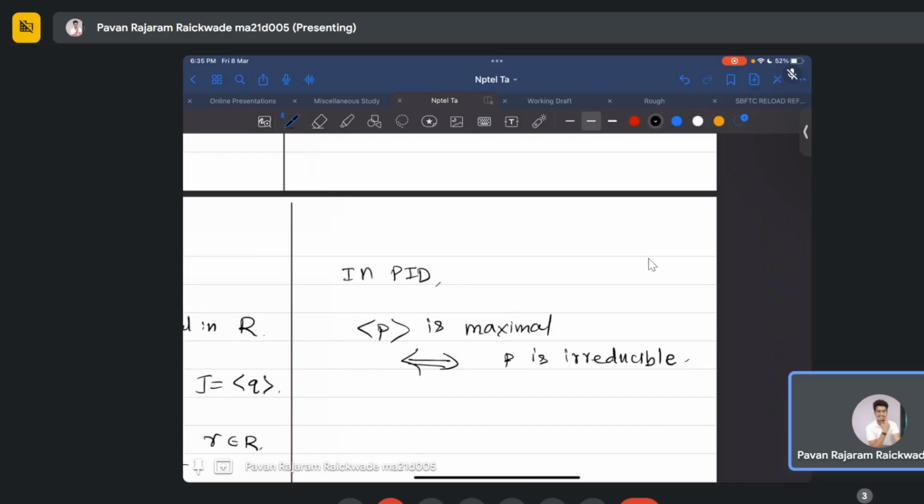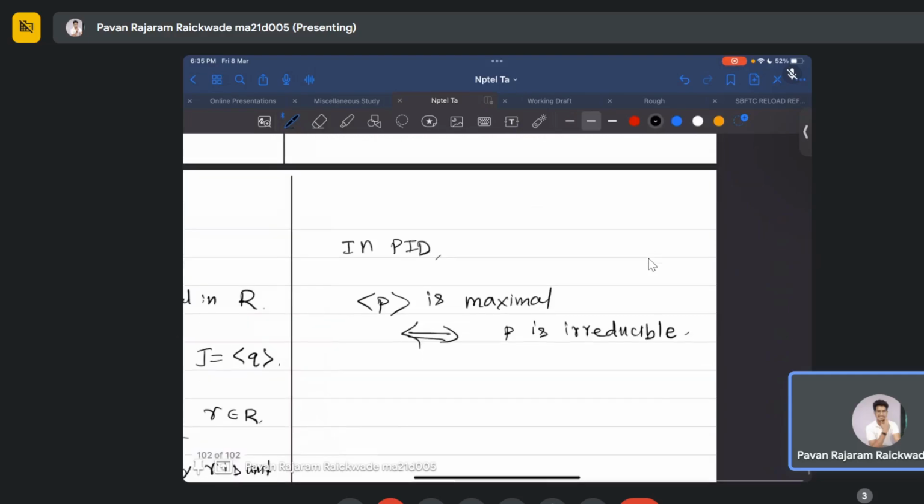So if we analyze a bit further about maximal ideals and prime ideals, what do we get? I know that an element is irreducible if and only if prime. Now I have just shown... but then I know an element is prime if and only if, sorry.